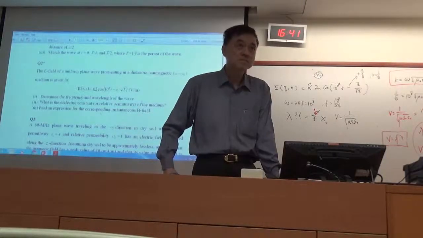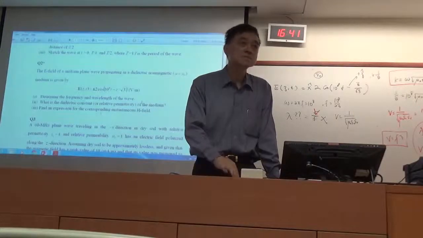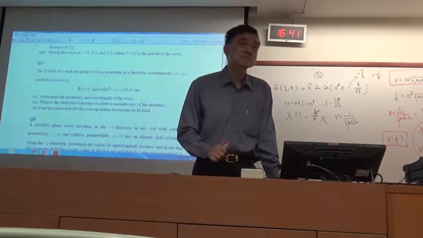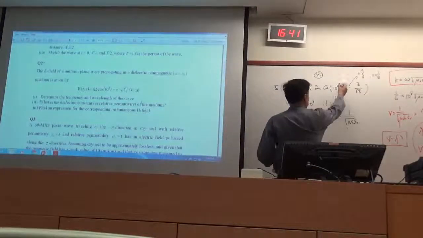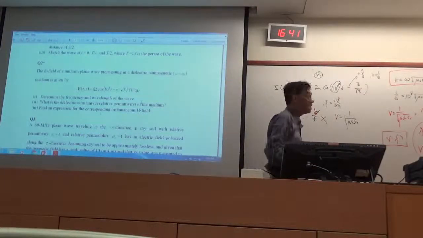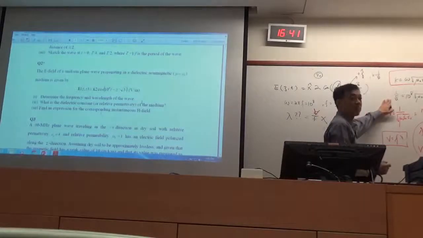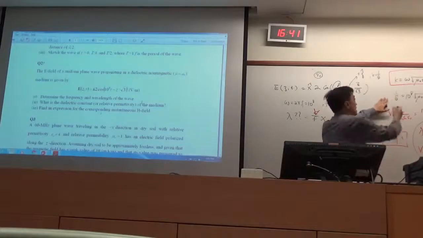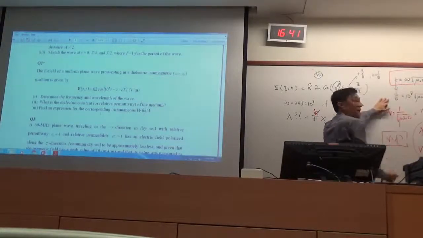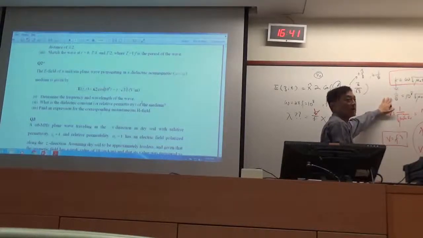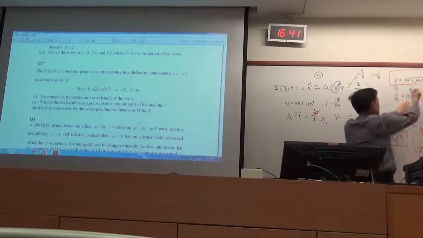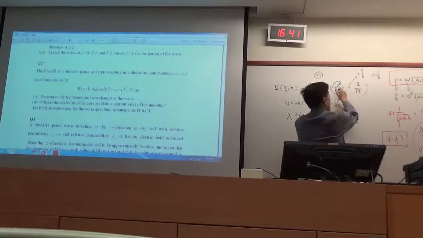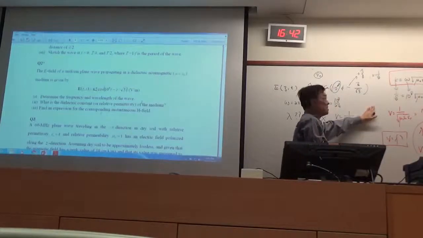We're just very confused about how you actually get the 10 to the power of 8 root epsilon r over... This one. This is k. k is 1 over square root 3. This is omega. Omega is 10 to the power of 8, it is given.